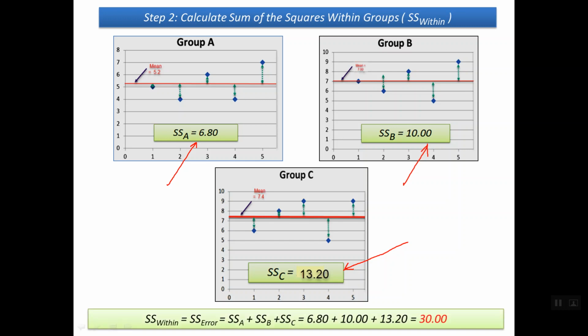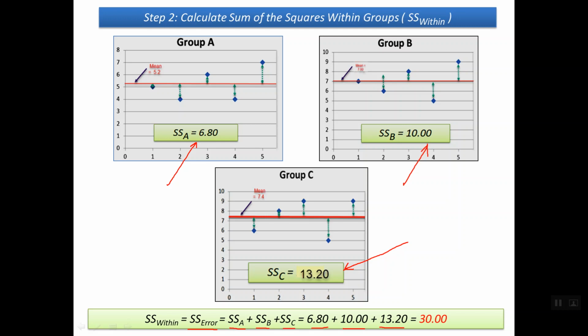In order to calculate the total SS within, which is simply the sum of squares for the error, we should sum all of these sums of squares: SS for A, B, and C. This is for A, this is for B, and this is for C. So the sum of squares within, or the sum of squares for the error, is simply 30.